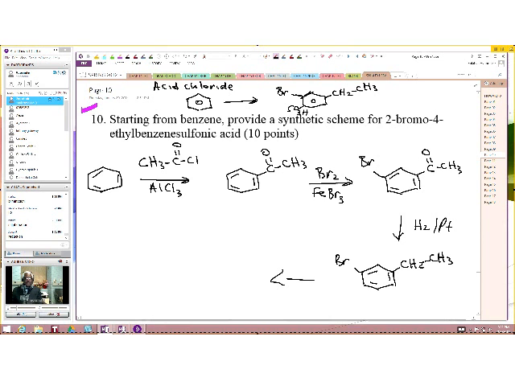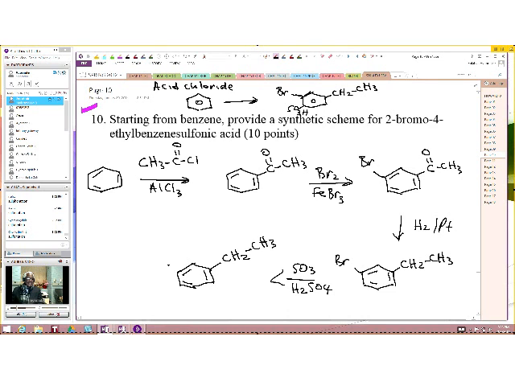Now, what do you do now? This is now an ortho-para director. Now you do your what? Sulfonation, exactly. Now you do your sulfonation, sulfur trioxide in the presence of sulfuric acid. So the choice of sequence is most important in this particular problem, because you need to take account of your directing influence for all of the substituents.